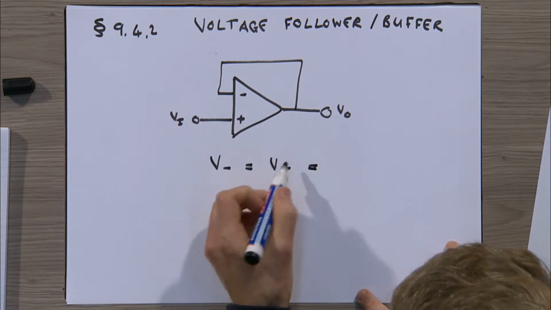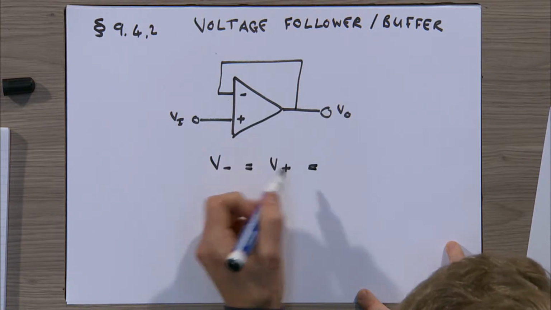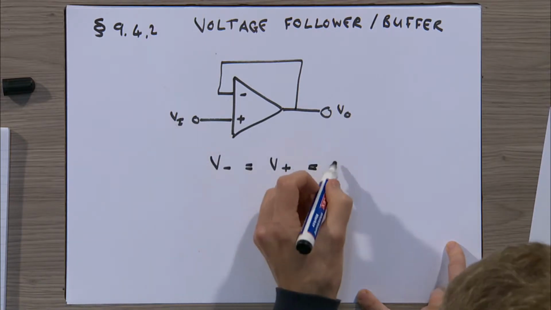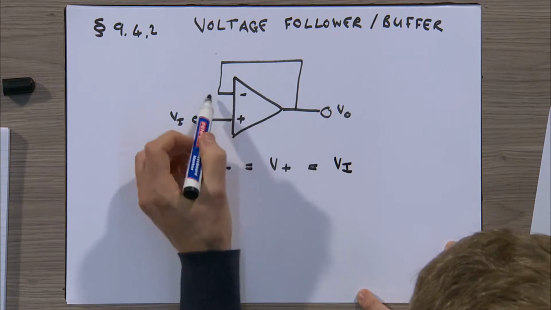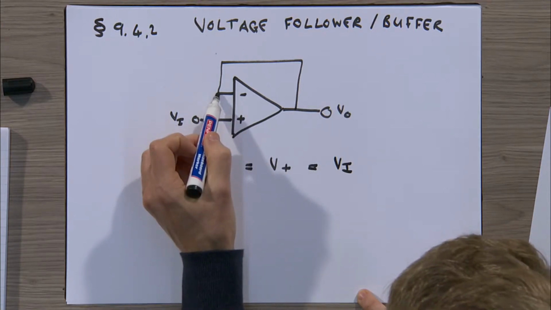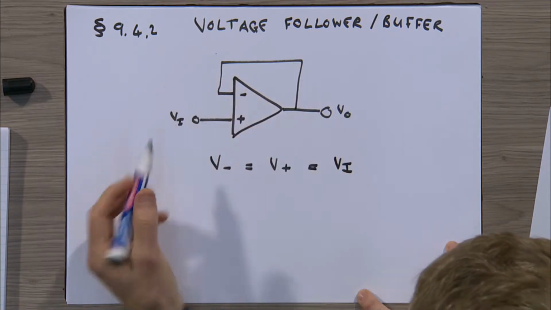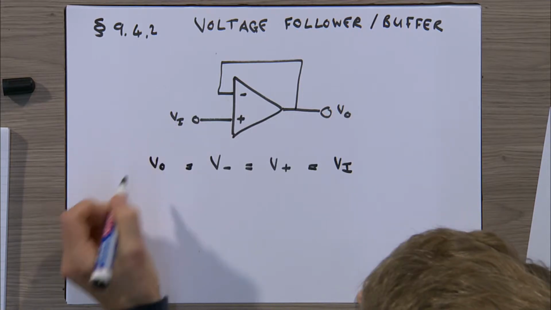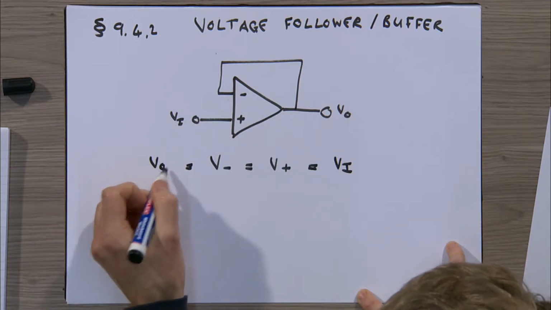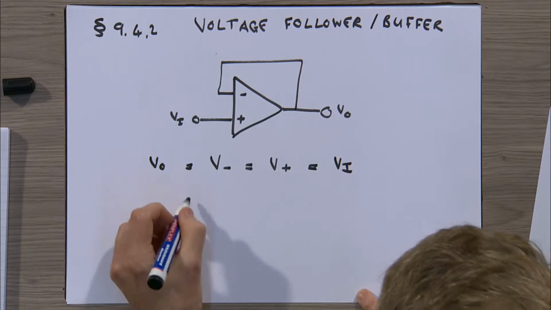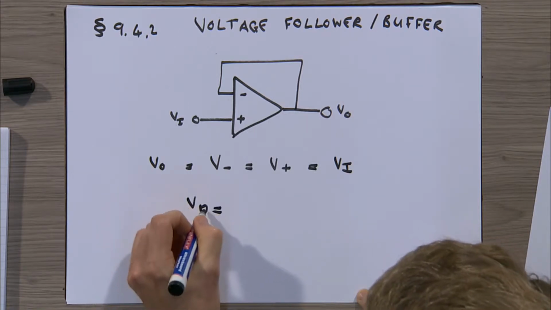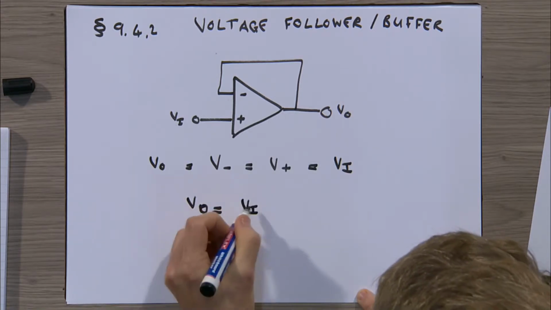We know that the non-inverting terminal is connected to VI, and we know that the inverting terminal is connected to Vout. So we can equate Vout to Vi. Vout is equal to Vi.